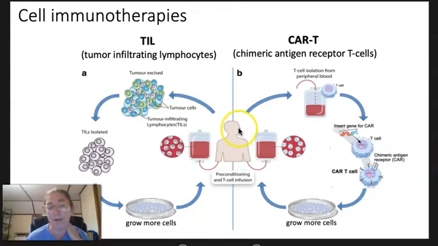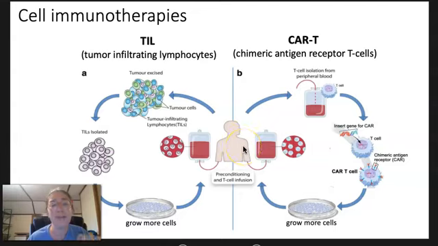Another type of therapy is taking just their blood and isolating some T cells from their blood, just any old T cell, and then taking that T cell to a lab where it gets genetically modified with a T cell receptor that has been determined to work really well against that type of cancer. And so you're genetically modifying their T cells to be really good killers. And then you grow up more of those genetically modified cells and you infuse them back into the patient.